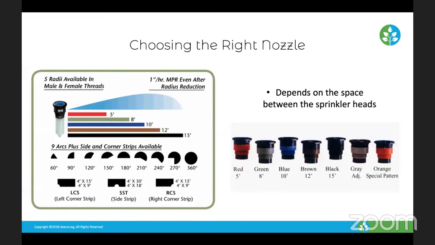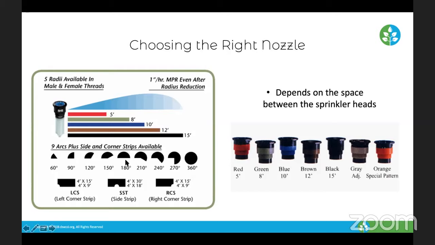Choosing the right nozzle is really important. It's usually hard to see the number on the nozzle itself, but all the nozzles have a number. If it has a number 8 and an H on it, it is 8 feet, so in each direction it shoots 8 feet from the center.